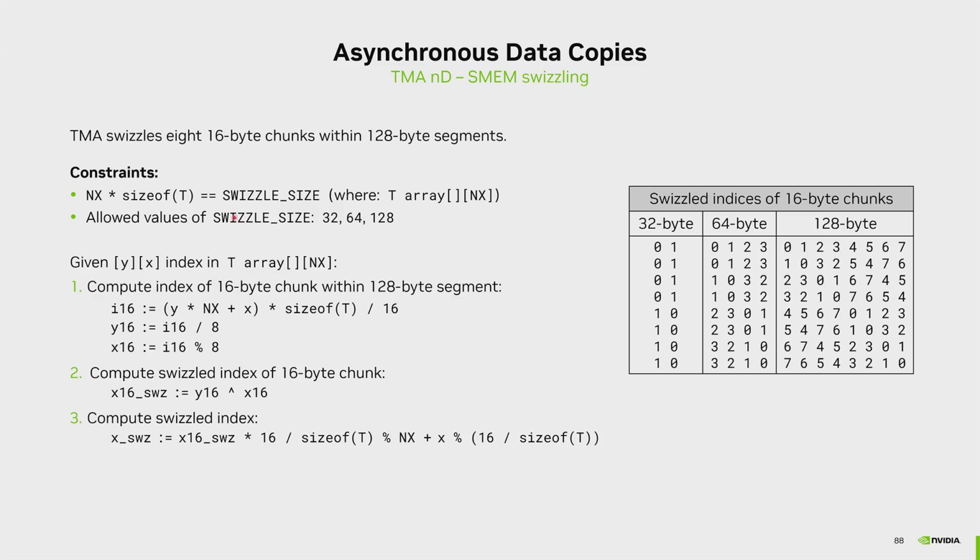Got it. Thank you. And one more thing, LDGSTS, right? It's very painful to change my application again with this pipeline and the new sets of APIs that you just talked about. Isn't it better if the compiler takes care of it and all the copies to the shared memory are by default asynchronous?